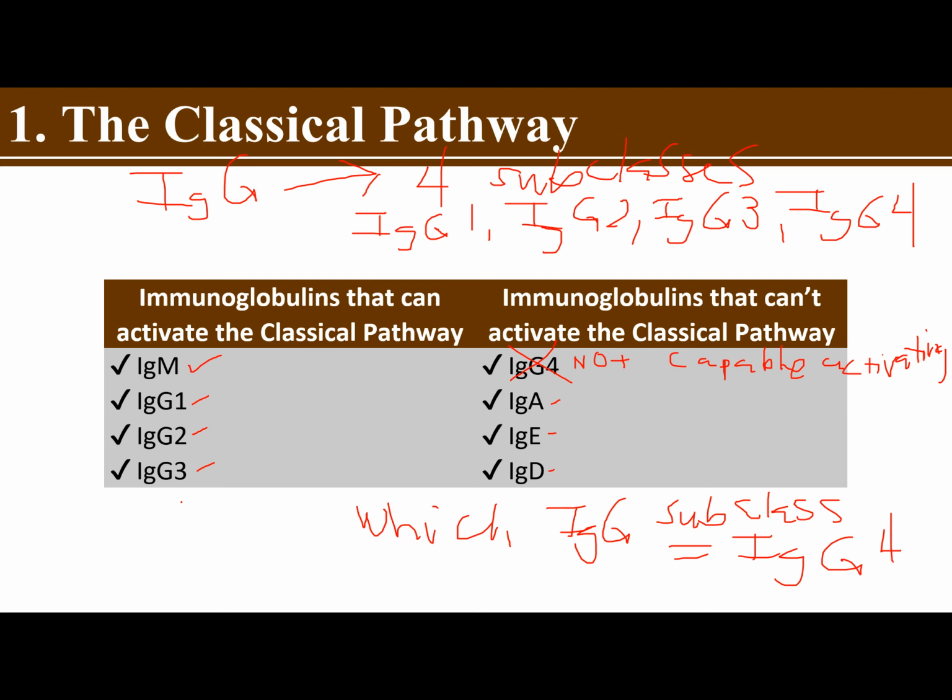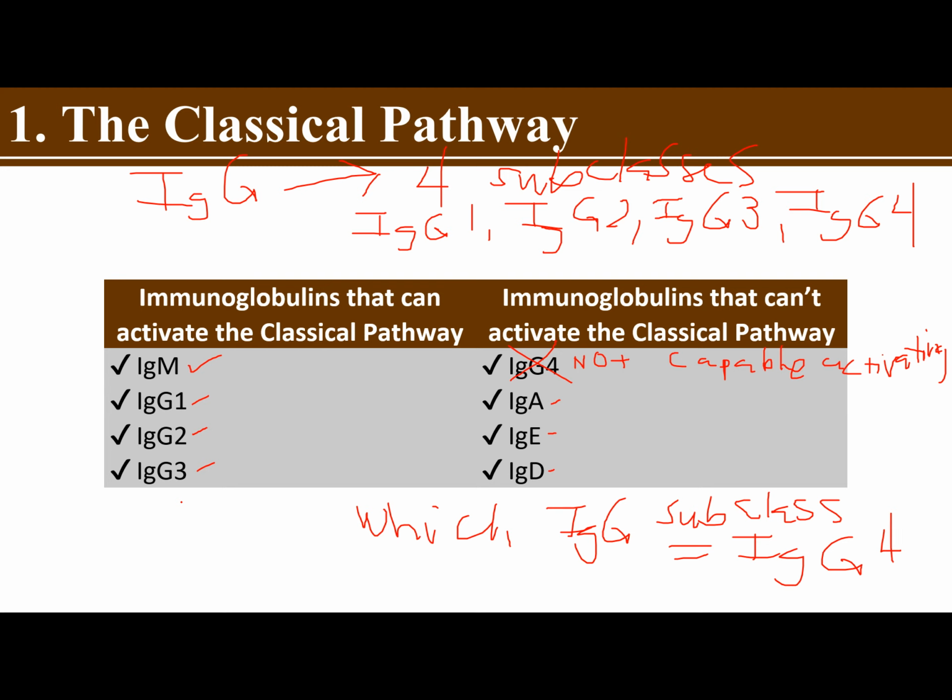So this is the process class on how you would activate the classical pathway. If you take a look at the first picture on the left, this would be the bacterial surface, or the bacteria, or the pathogen, or the antigen. Now, if you take a look at the picture, you would see the antibodies. These are the antibodies.